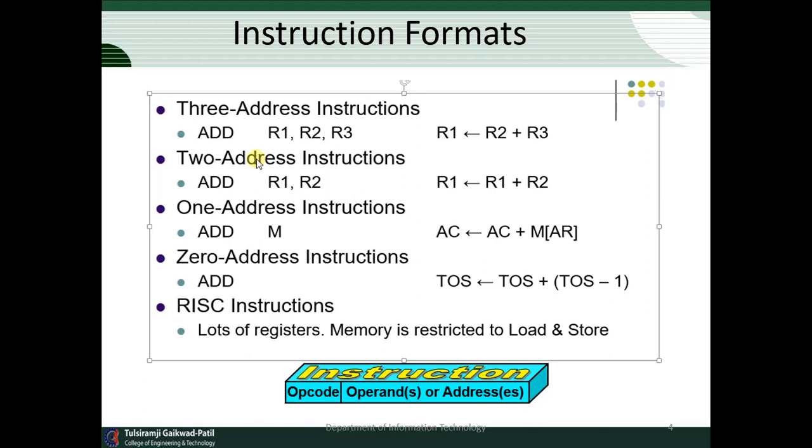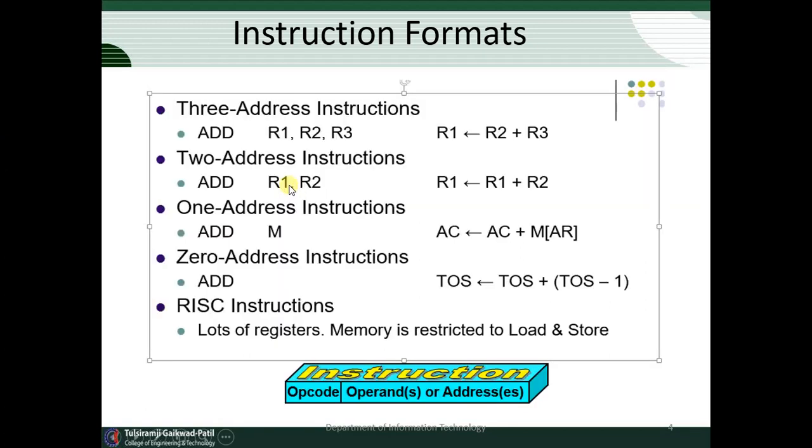The second type is the two address instruction, where we use only two registers. You can observe here add R1, R2, and the result is stored in R1.